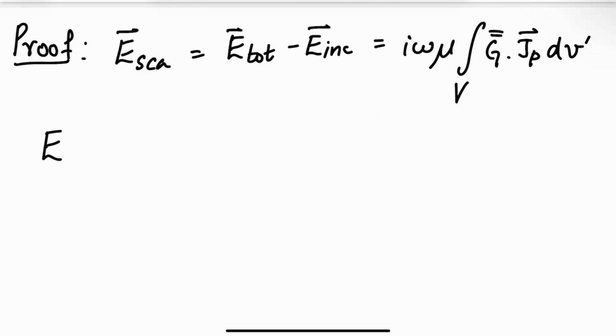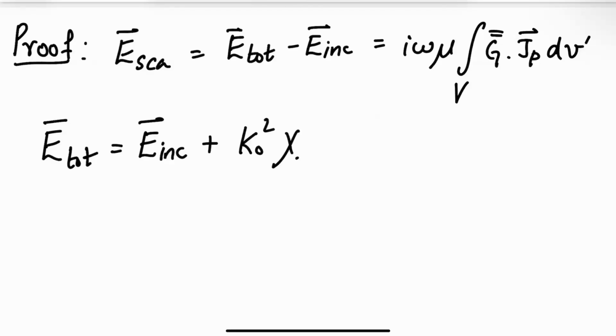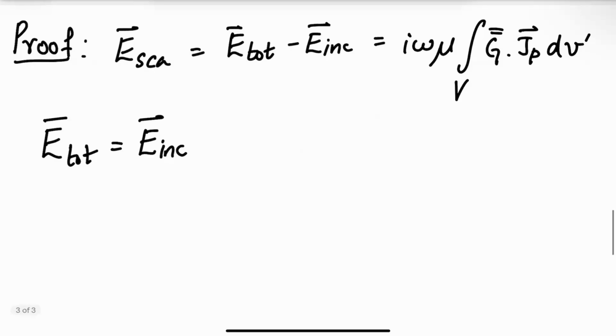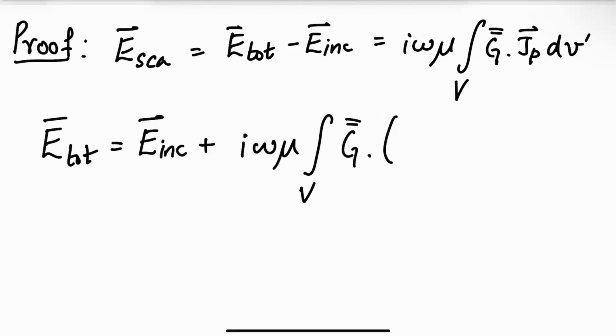Another way to write this is E total is equal to E incident plus i omega mu volume integral of G times Jp, but we know Jp is nothing but minus i omega epsilon naught times E total.